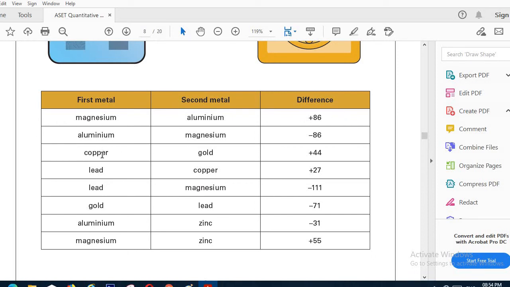Now here you see copper minus gold is plus 44. Because now we only have magnesium and aluminium, we will go to lead. Here lead minus magnesium is minus 111.